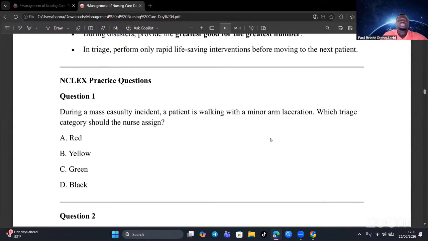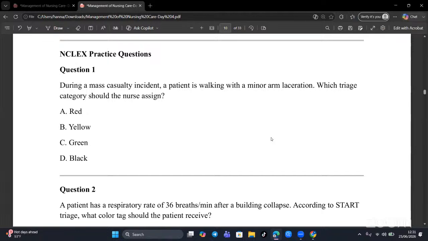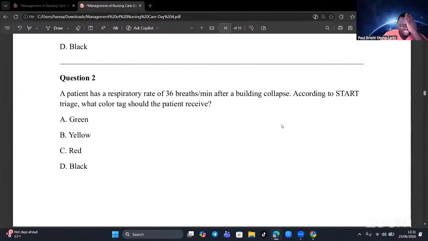Okay, let's do some questions. During a mass casualty, a patient is walking with a minor arm laceration. Which triage category should the nurse assign? Green. Go. Okay, good. A patient has a respiratory rate of 36 per minute after a building collapse.